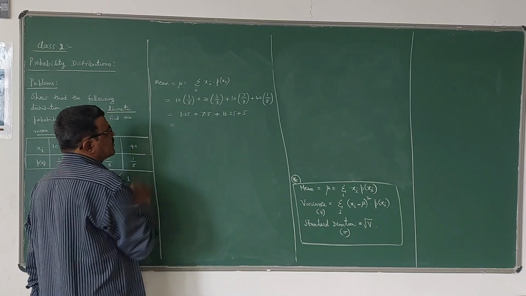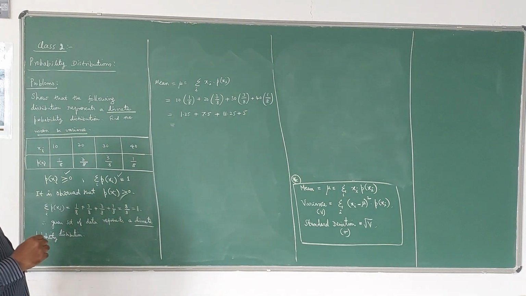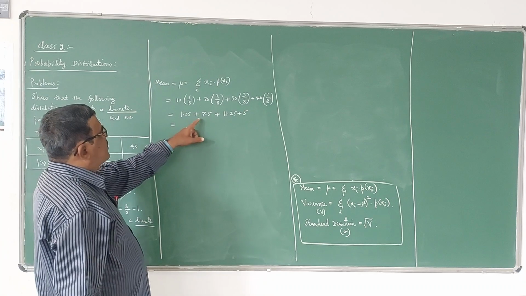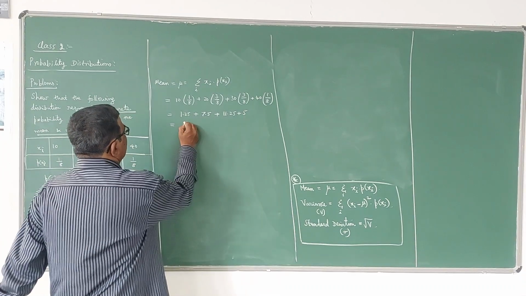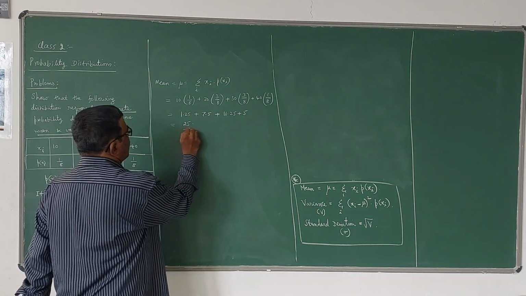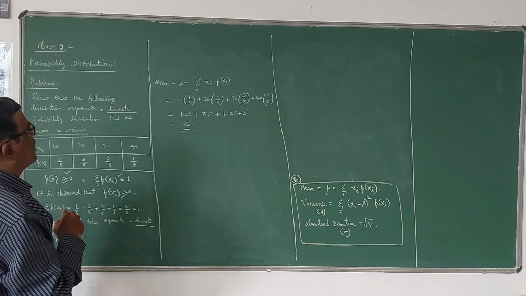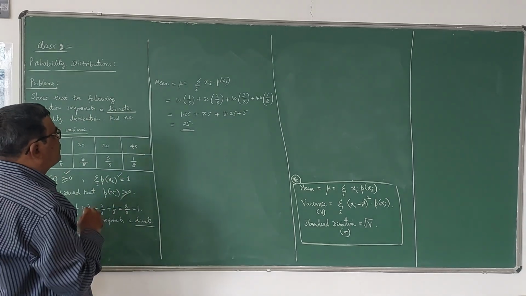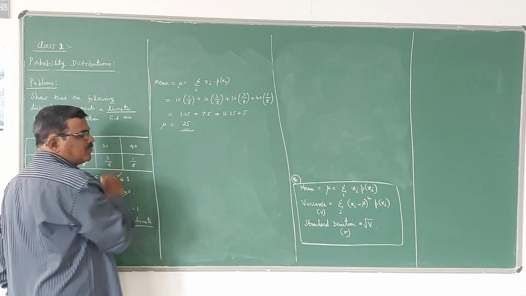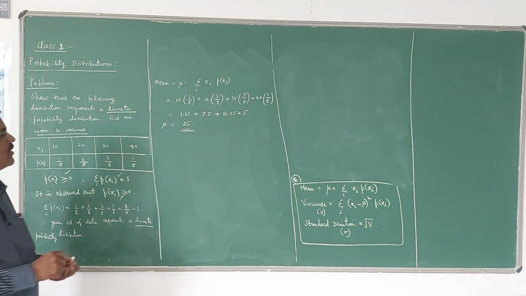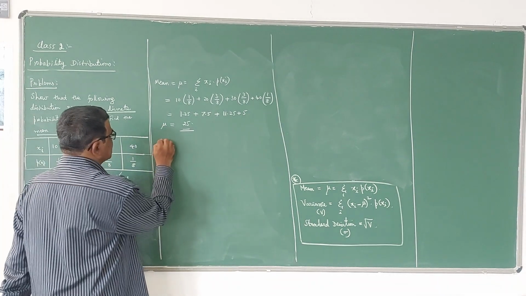Add all this: 1.25 plus 7.5 and so on, and you will get 25. That is the value of mu, 25.